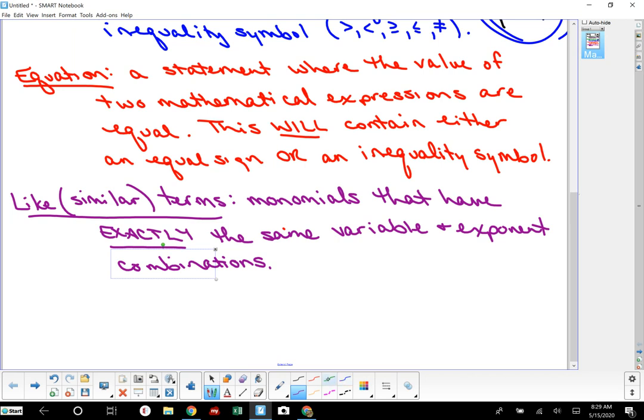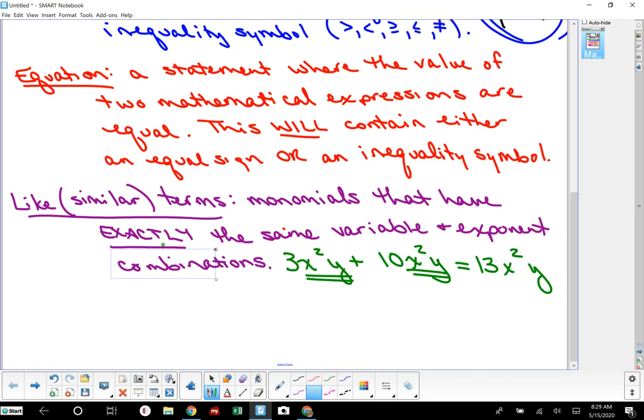For example, 3x squared y plus 10x squared y. As long as these are exactly the same combinations, you just add or subtract what's in front, right? And you leave the variable combinations the same. So those would be like terms.